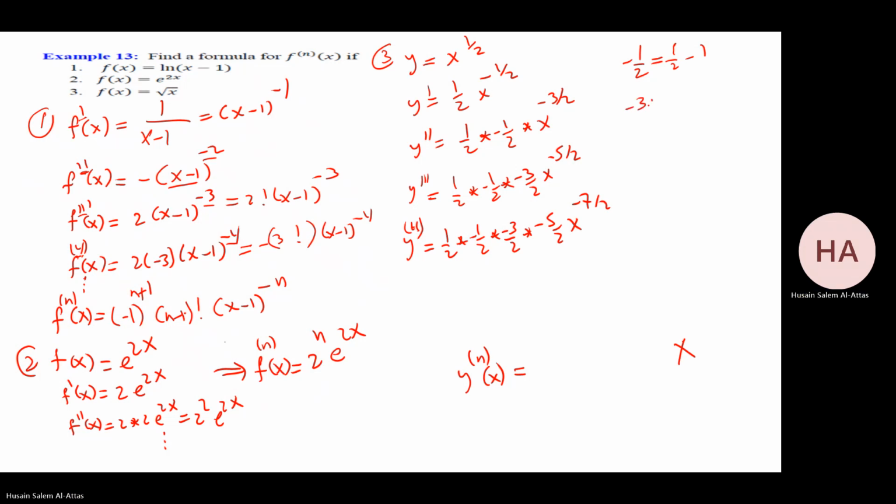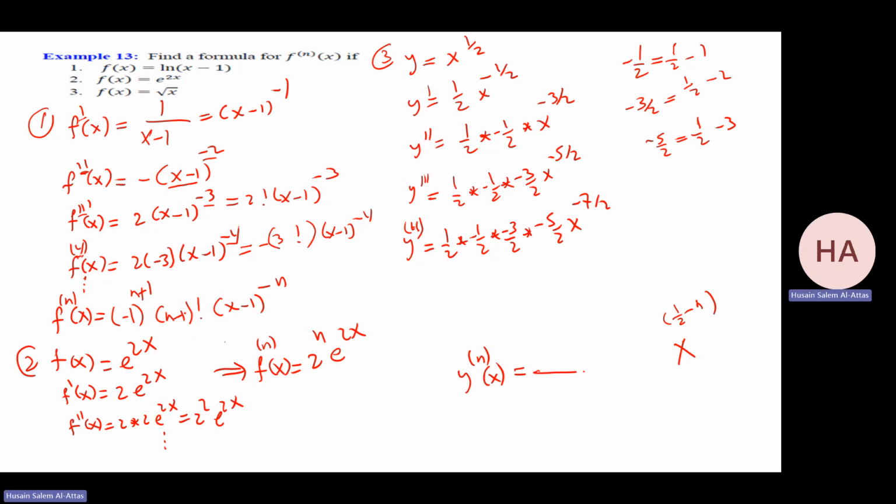Minus 3 over 2 is half minus 2. Minus 5 over 2 is half minus 3. It's either you take the minus out or you keep it inside. So the power is x to the power half minus n.